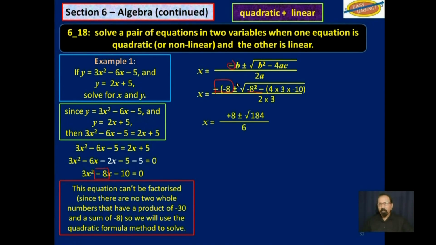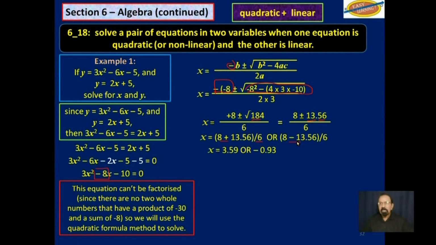When we work out this part here under the square root sign, we get 184. We still have to find the square root of that. So we have 8 plus or minus 13.56 over 6. And so if we plus here, we divide by 6, subtract, we divide by 6. And we get these two answers for x.